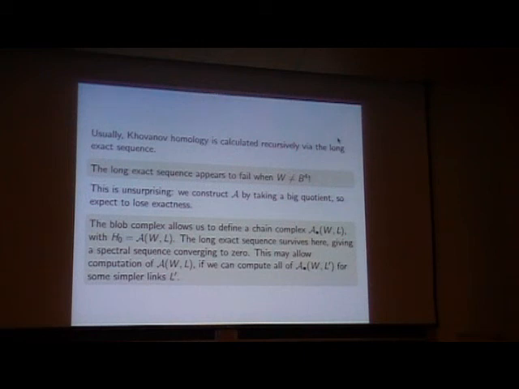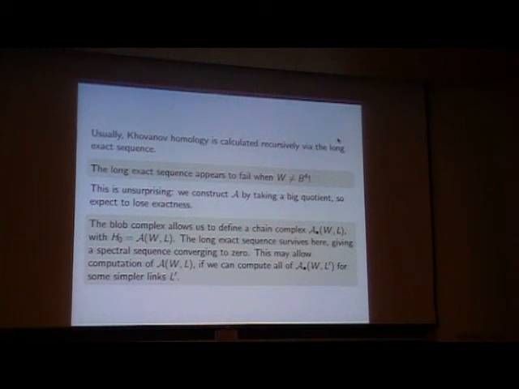And so the hope now is that if you want to compute, even if you just want to compute the bit I've been talking about today, A of W comma L, maybe what you should do is calculate the whole blob complex for the 2 resolutions of that link after you've chosen a crossing, and then put all of that data together, those whole chain complexes, use all of that to recover the chain complex, or maybe just H0 of it, for the original link.